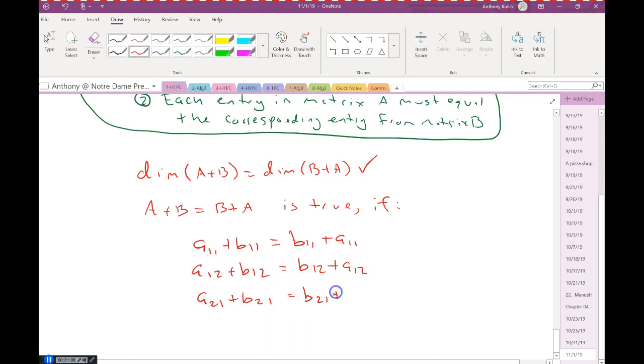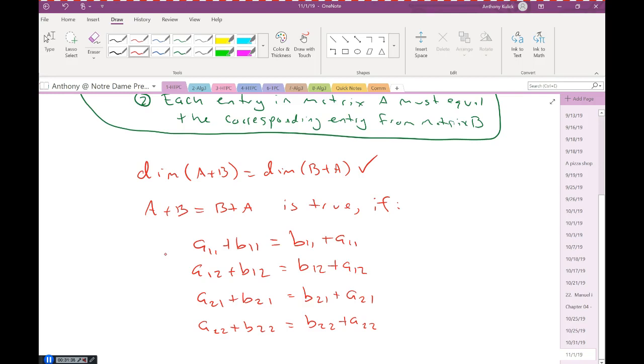Now, what kind of mathematical object are these little a's and little b's here? What are these little a's and little b's representing?